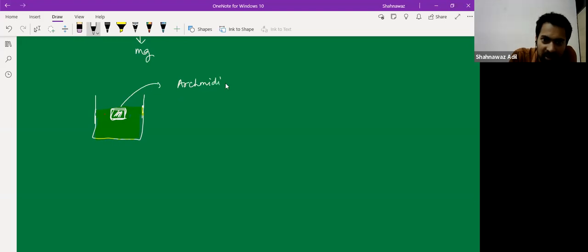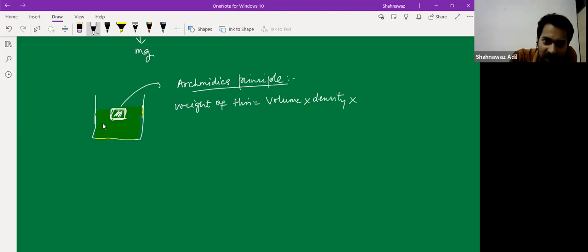So Archimedes principle states that the weight of this mass would be the volume that it occupies into the density of this liquid into the gravity, acceleration due to gravity.